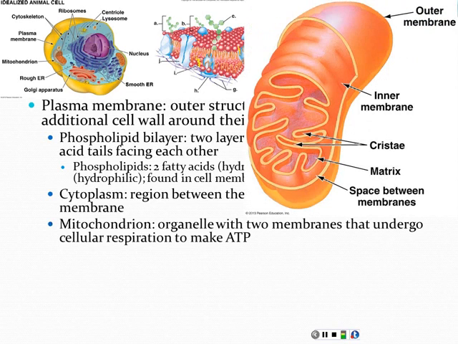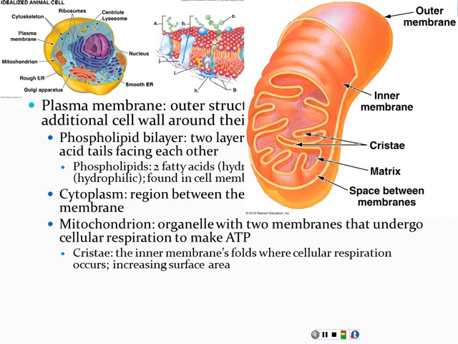One of those organelles is the mitochondrion. A lot of people say mitochondria, which is fine because that's plural for mitochondrion. This is an organelle that has two membranes, as you can see. There's an outer membrane and an inner membrane. And within these membranes, especially the cristae, which are the folds that you see in the inner membrane.